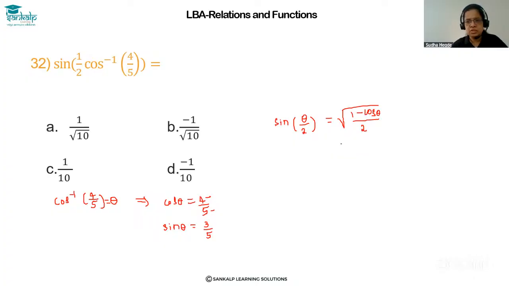So using this formula we can easily find the value. So sin theta by 2 is equal to square root of, substitute the value, 1 minus what is cos theta? 4 by 5. Correct?